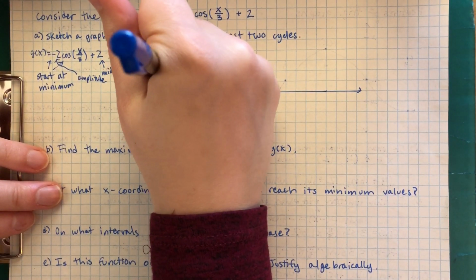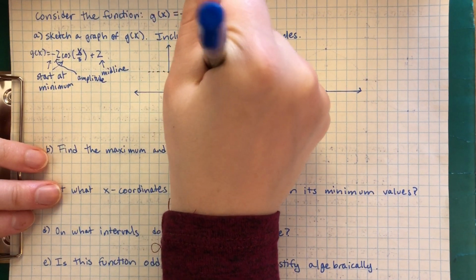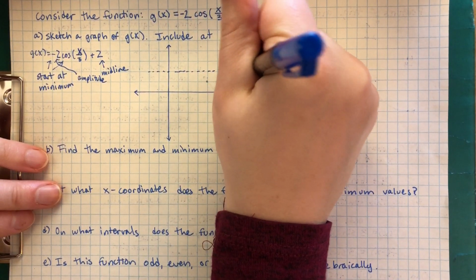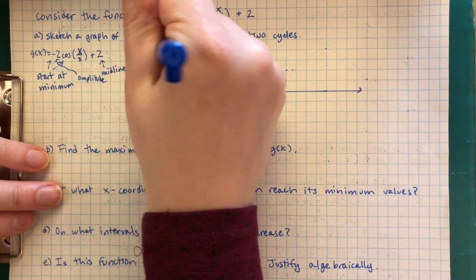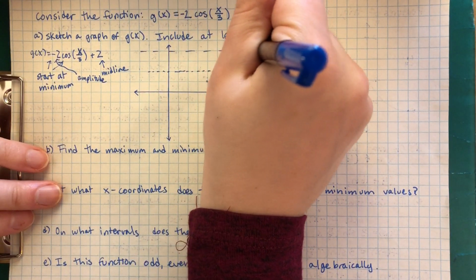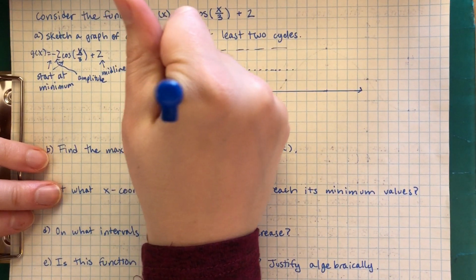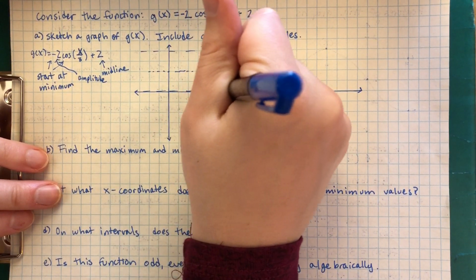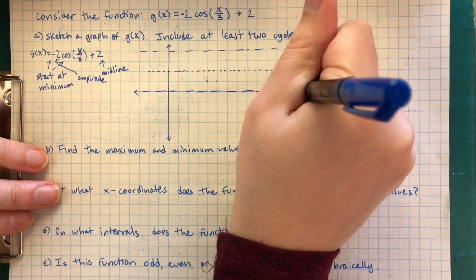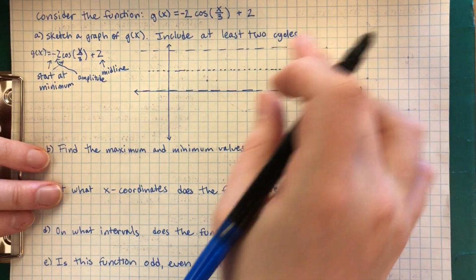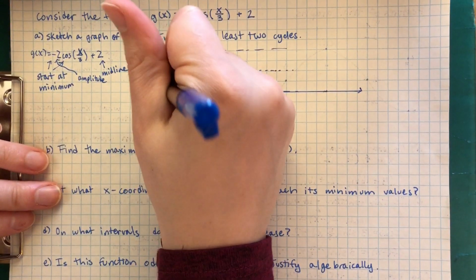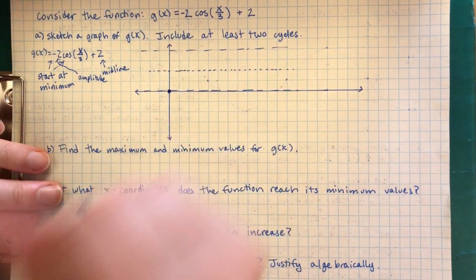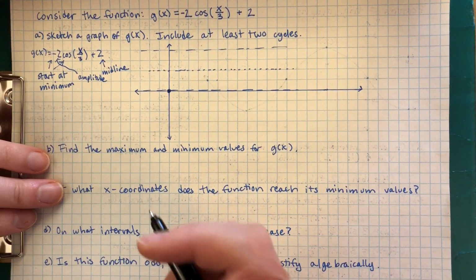So my midline is at positive 2. And my amplitude tells me that I go up to 2 above that and down to 2 below that. So my equation is going to be someplace in this range. And because it's a negative cosine, that tells me that I'm starting at the minimum. So we've got a pretty good start here.